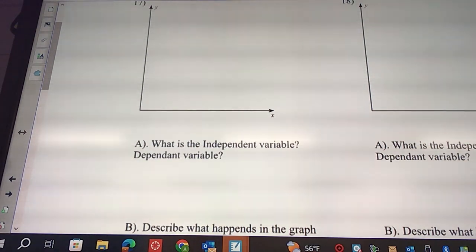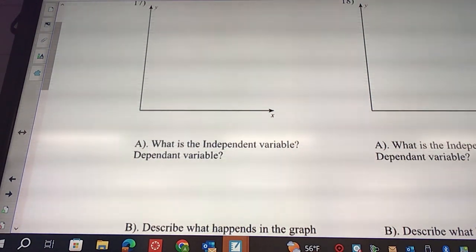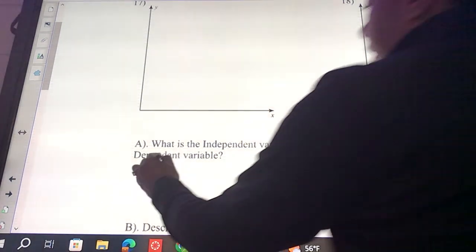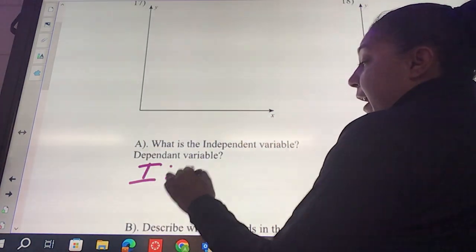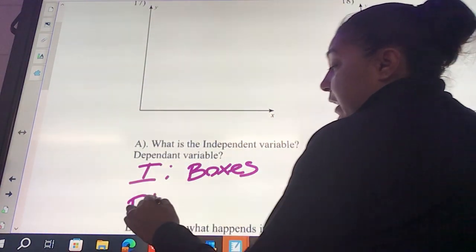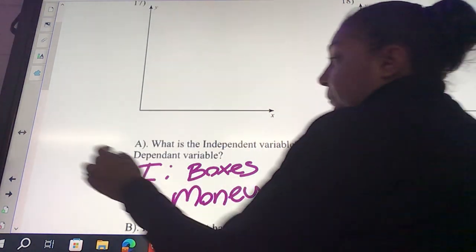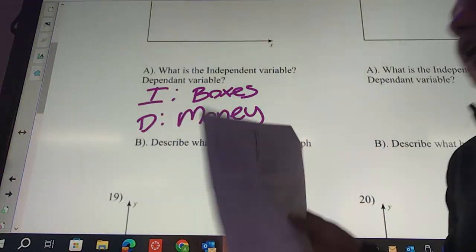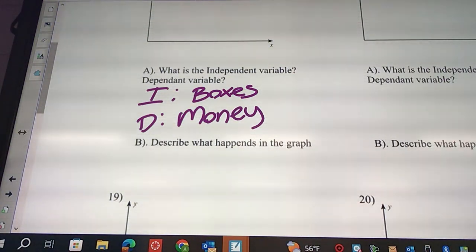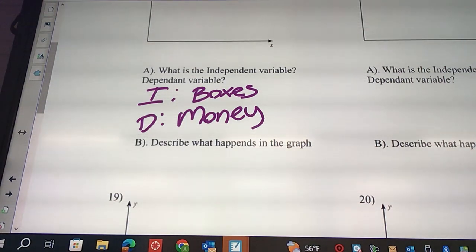If I just sit at home and don't sell any, I'm still gonna have boxes, yeah? Am I gonna have money? No. So boxes is gonna be our independent. So you're just gonna say I, and you can just put boxes. The dependent then has gotta be the money. I'm not gonna do B today, we'll do it tomorrow, but describe what's happening in the graph. If we look at this, the more boxes I sell, will I have more or less money?